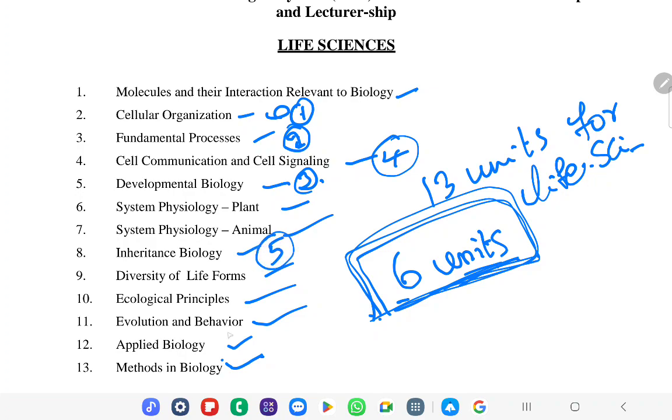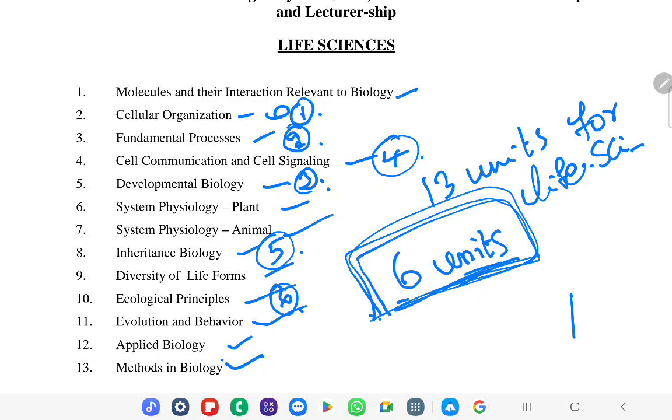You may be more familiar with the Mendelian experiments, diversity, or maybe ecological principles. Any 6 units you can focus on. Locate those 6 units in previous exam papers and see how they are given in the exam.